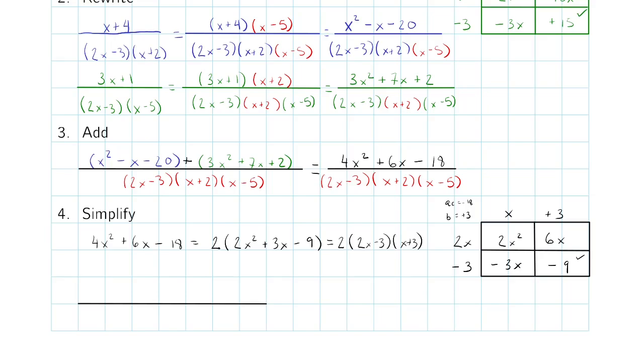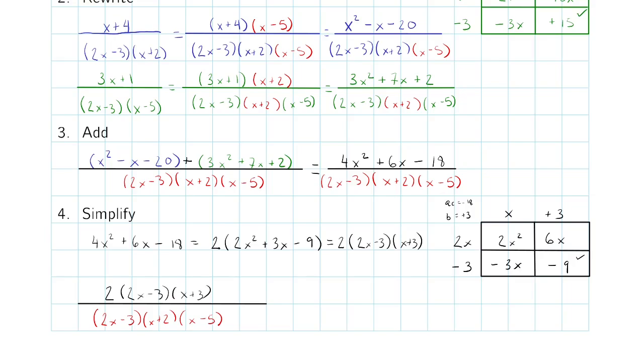In the denominator, we still have that common denominator we found, 2x minus 3 times x plus 2 times x minus 5. In the numerator, we'll have 2 times 2x minus 3 times x plus 3.